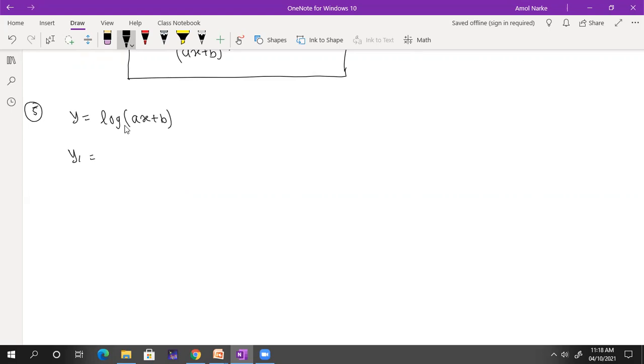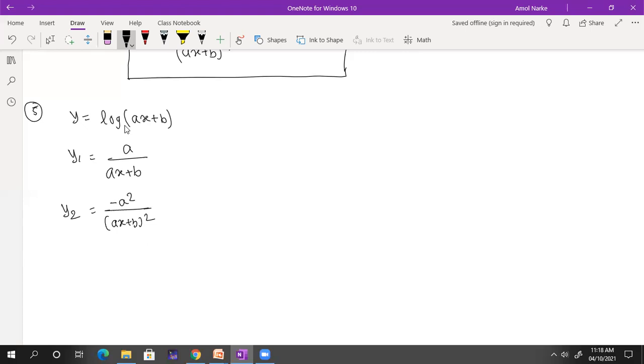So a upon ax plus b. Very good. Simply, derivative of log x is 1 upon x and derivative of ax plus b is a, so a upon ax plus b. What is y2? Minus a square upon ax plus b whole square.